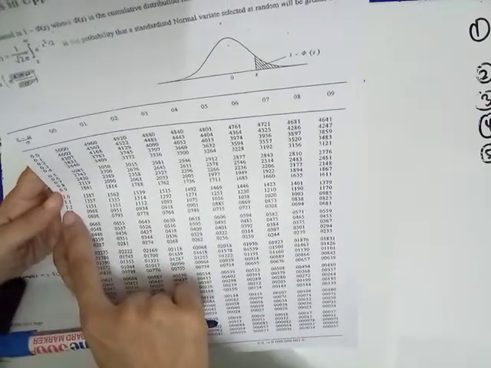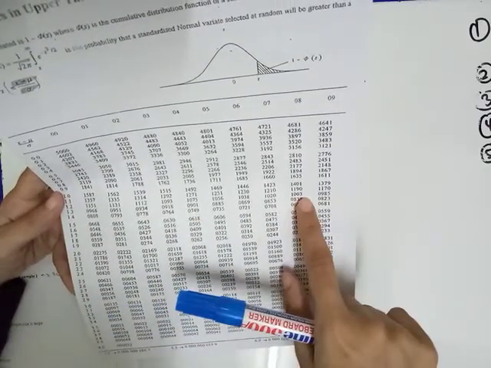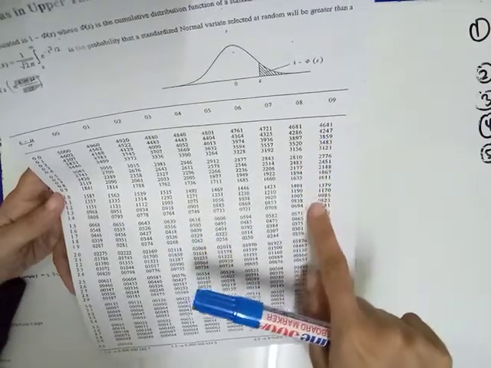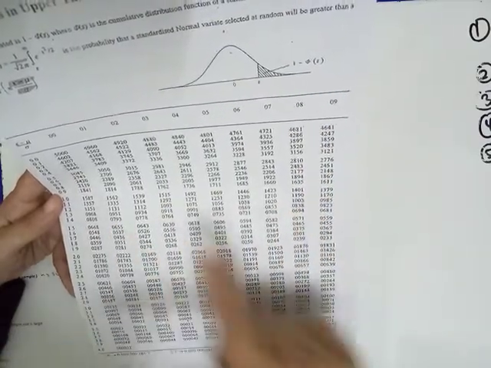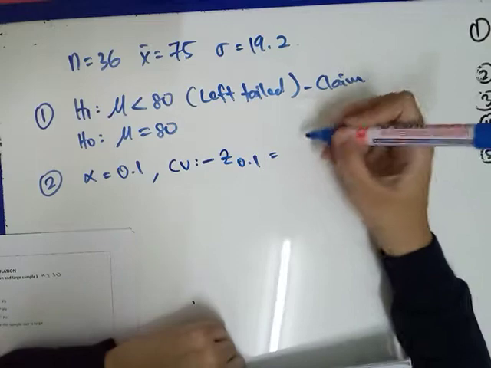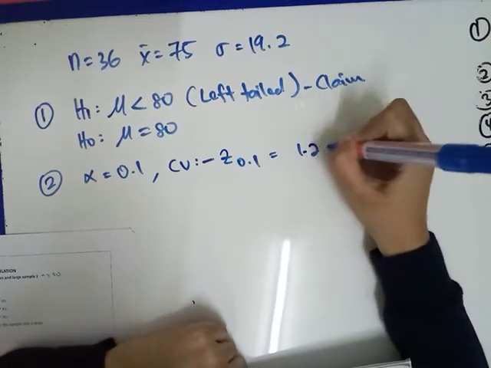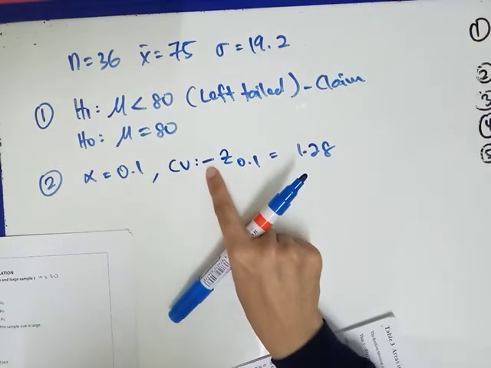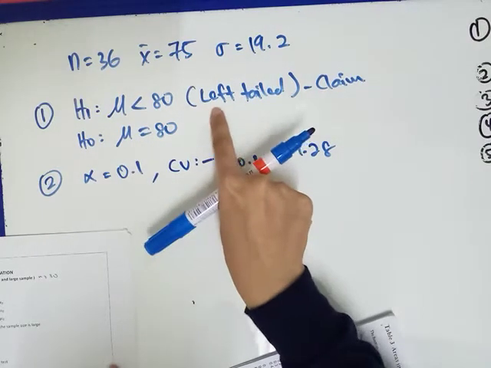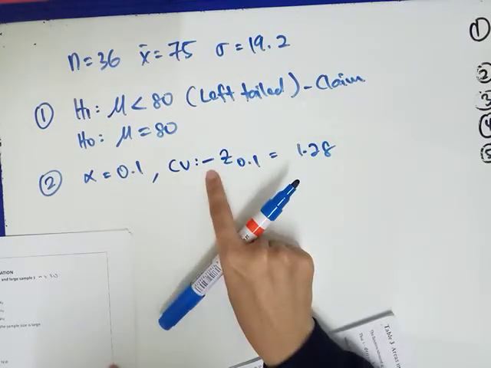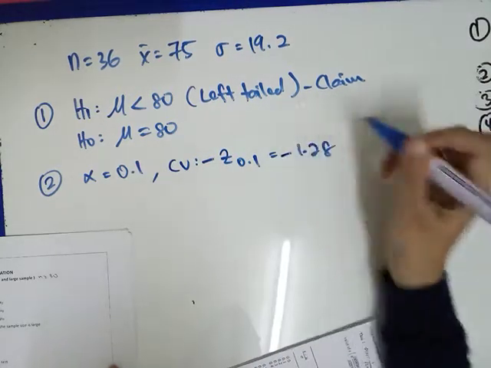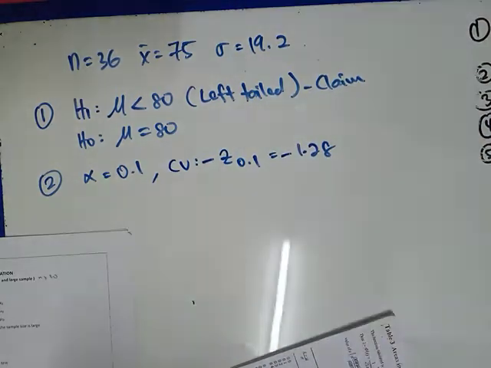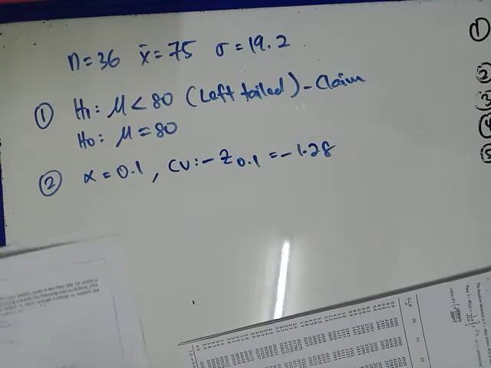The Z value is 1.28. Is it correct? 1.28, yes. Okay, since this is the left tail area, we need to put the negative 1.28.